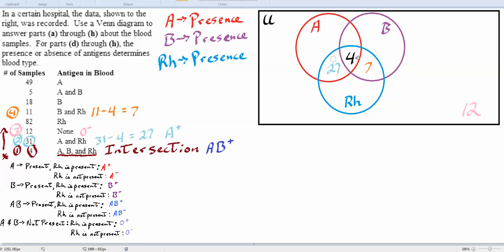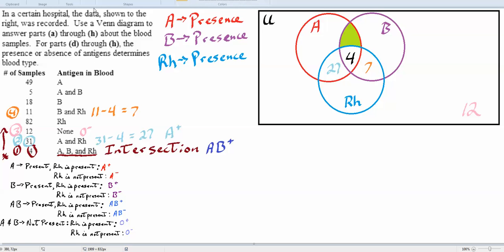Now, since we filled in this area and this area, it follows that we should fill in this area. And notice that that is going to be the intersection of A and B, but that does not include the portion that we've already established for A, B, and RH. So let's go ahead and figure out what goes in this light green area.